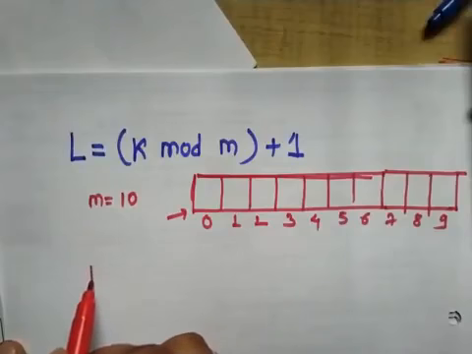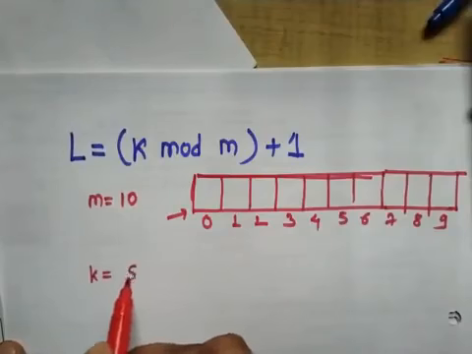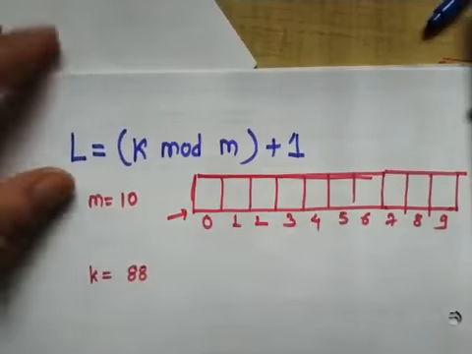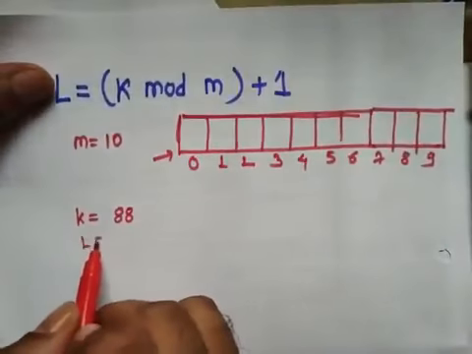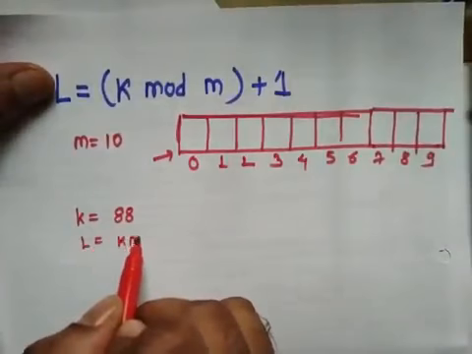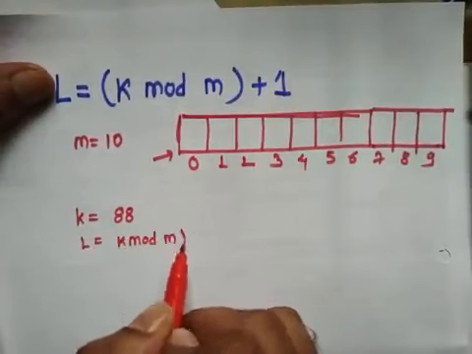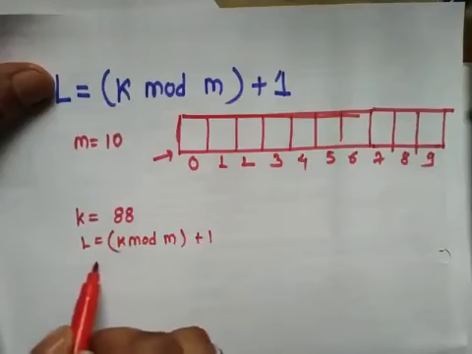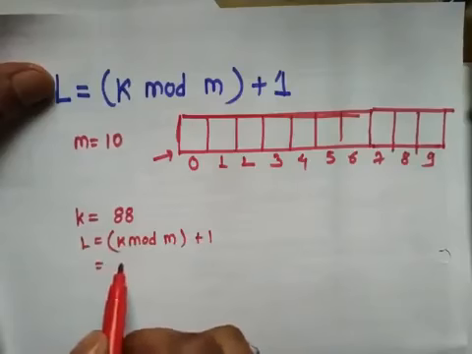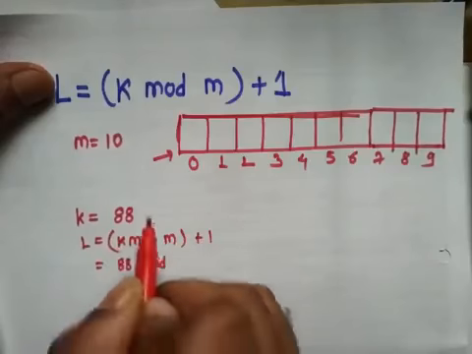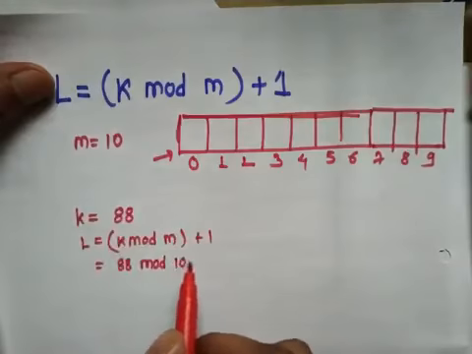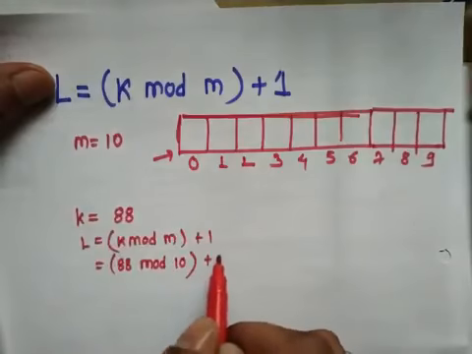Okay. Now suppose we want to store the element 88. So here key is equal to 88. Now put that value in the hash function, L is equal to K mod M plus 1. So we are going to find location L. K is 88 mod M, and the value of M is 10, plus 1.